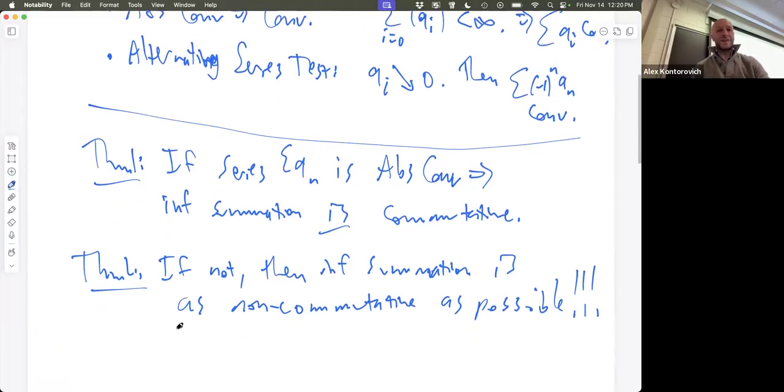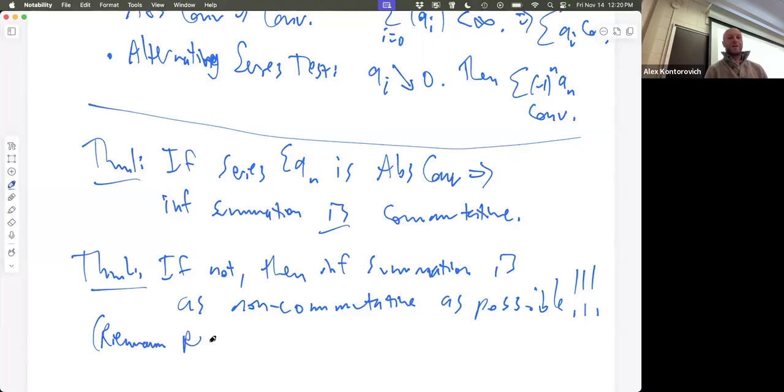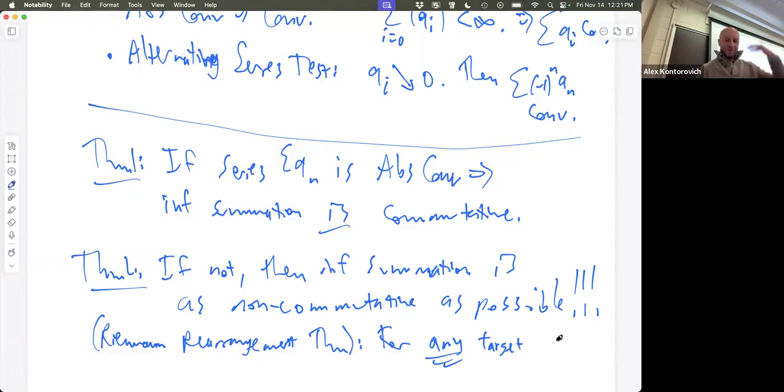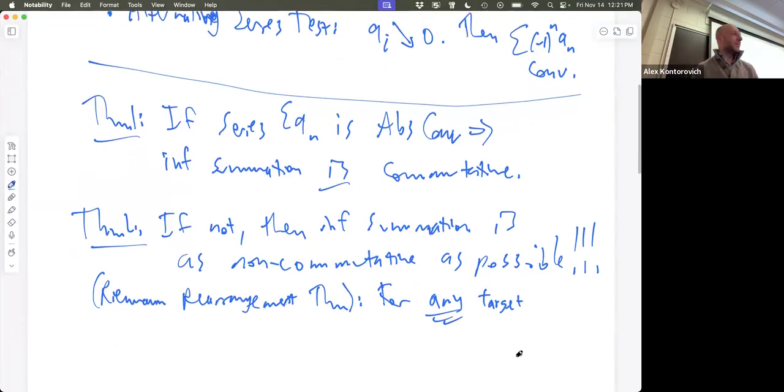This theorem has a fancy name. It's often called the Riemann Rearrangement Theorem. What it says is you pick a target number L, for any target. Target meaning that's what I want the limit to be.